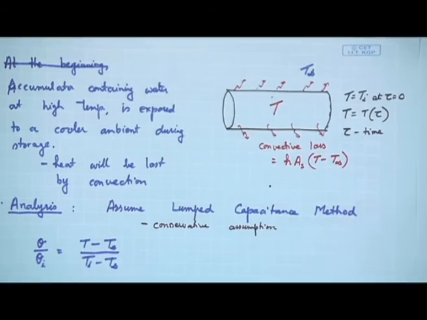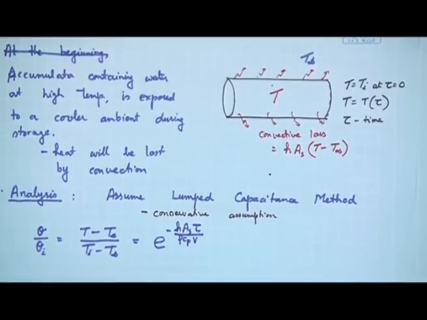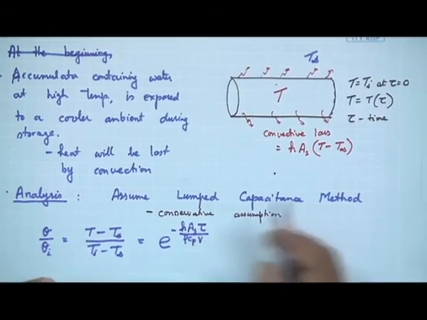Clear? So, it is known that the lumped capacitance method will give me e to the power minus h A s times time divided by rho C p V. Many a times this is also known as the time constant.